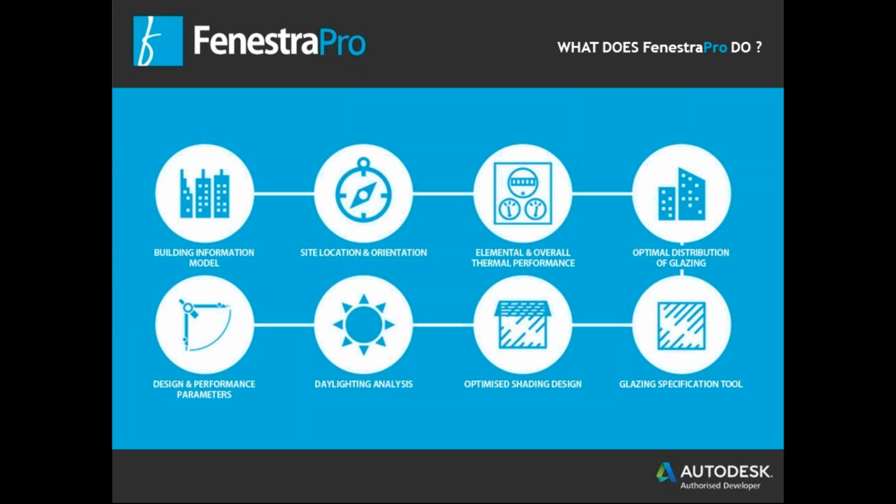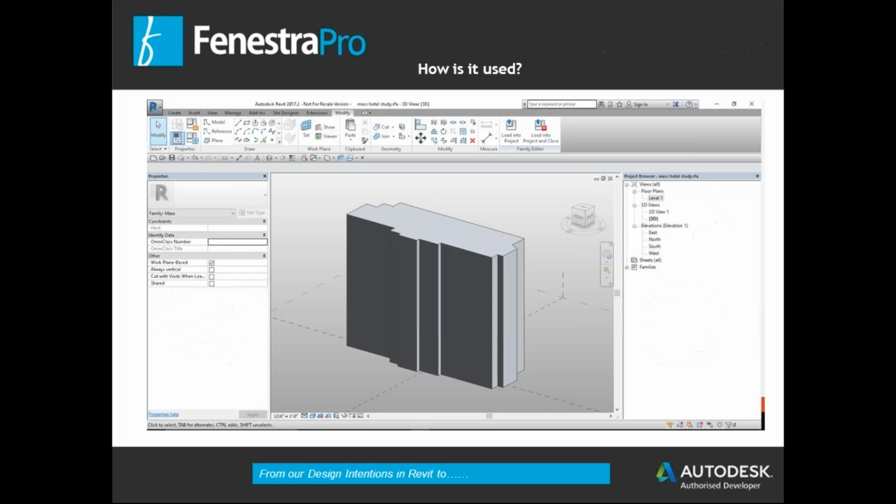You can get into the glazing specification and then increase it by optimizing shade design. You can do daylighting analysis and then do performance parameters using ASHRAE standards that we would use here in the United States to really hone down the performance of your building.